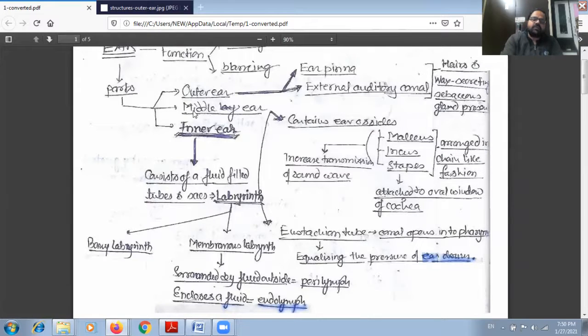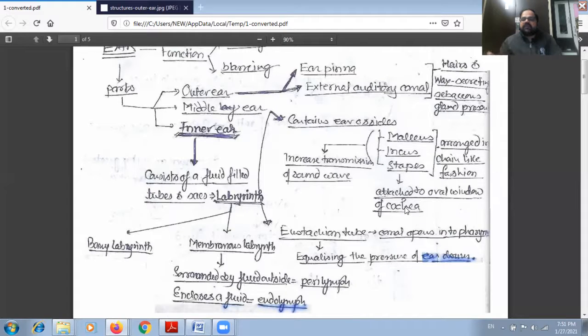Now we will discuss the structure of the middle ear, or the different parts of the middle ear. It contains ear ossicles. We have already talked about the ear ossicles or ear bones. The names of these bones are malleus, incus and stapes. These three ear ossicles are arranged in a chain-like fashion, and the last bone is a very important bone which is attached to the oval window of the cochlea.